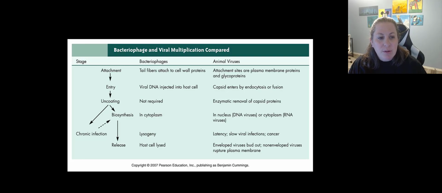There's no envelope to it, and it's going to get released relatively quickly. Whereas animal viruses are a little more complex because they contain that envelope. They have to actually be uncoated. We do see a lot of times they are going to integrate into the DNA, which means they enter that lysogenic cycle, and so they are going to be a little more complex than the bacteriophages.